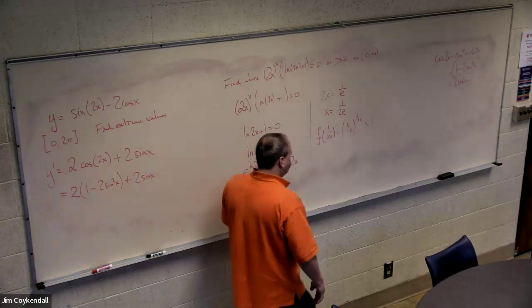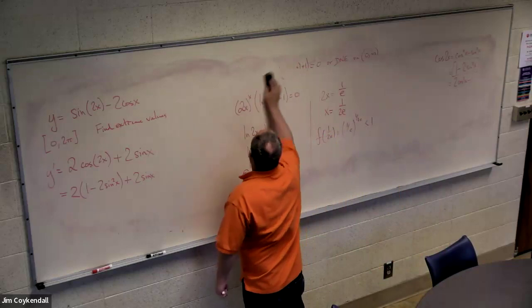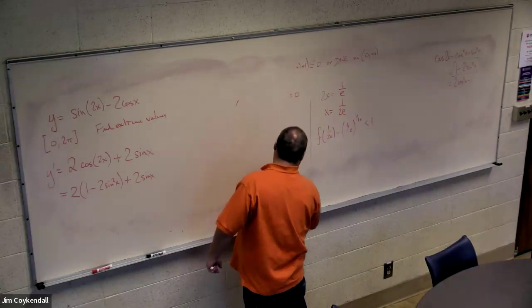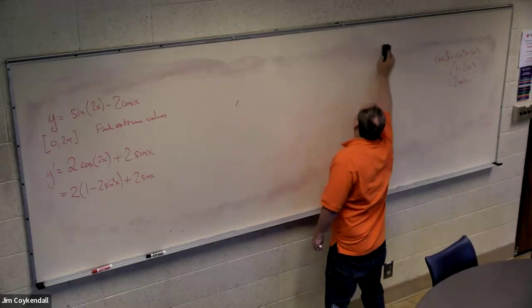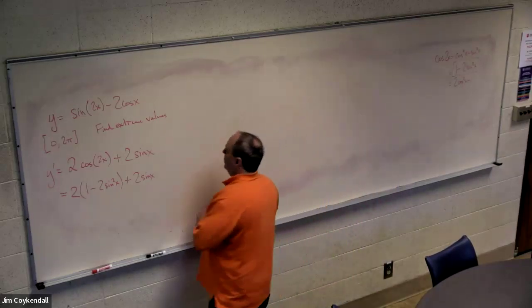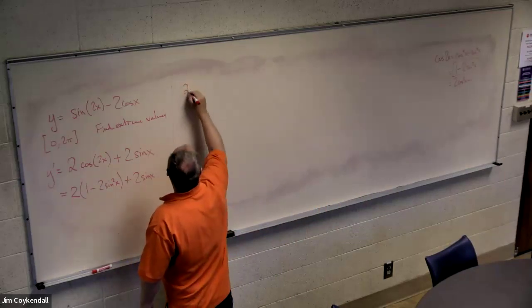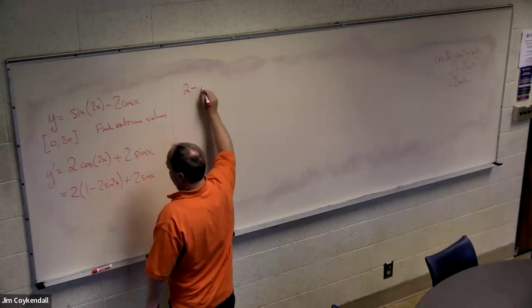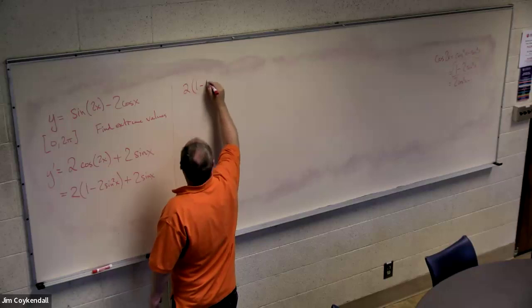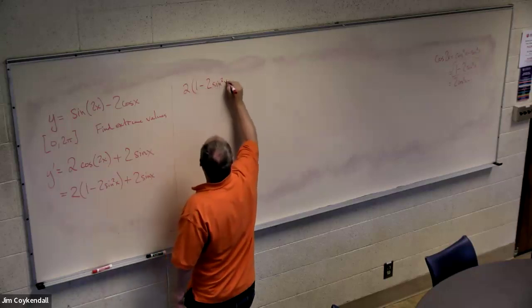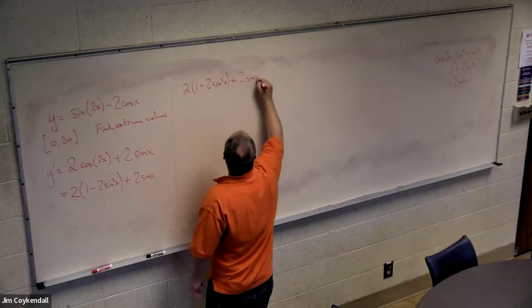Now set the derivative to zero: minus 2 times (1 minus 2 sine squared x) plus 2 sine x.